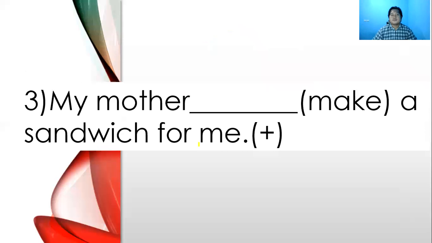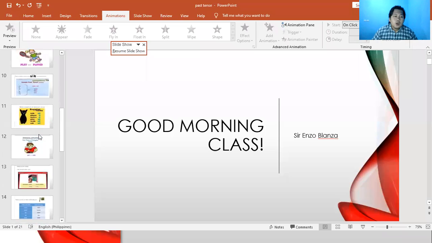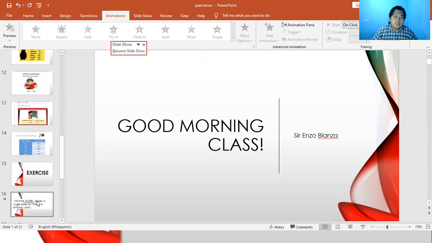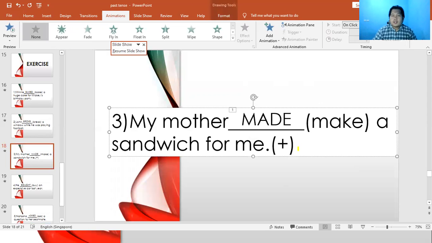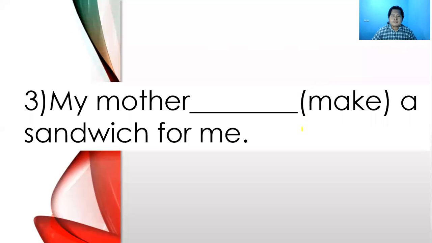Okay, next. My mother blank make a sandwich for me. What do you think is the correct answer? Okay, let's see.